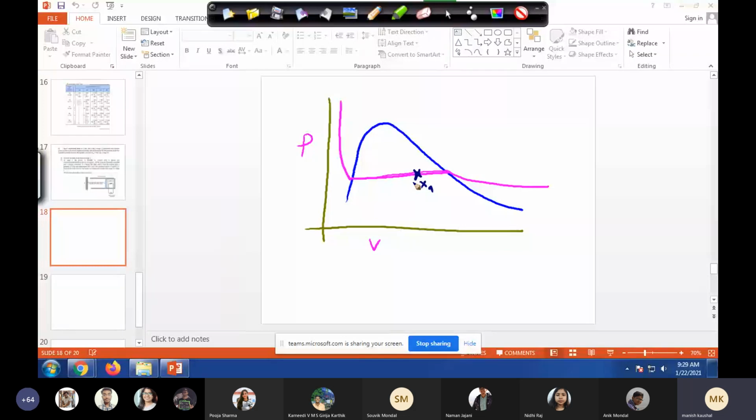Can anyone guess how it will look? Constant quality line. Anyone? Okay, do you understand what is meant by constant quality line? Bhavna, you want to try? It will be a little bit tilted but vertical. Yeah, it will be a curve, not vertical.